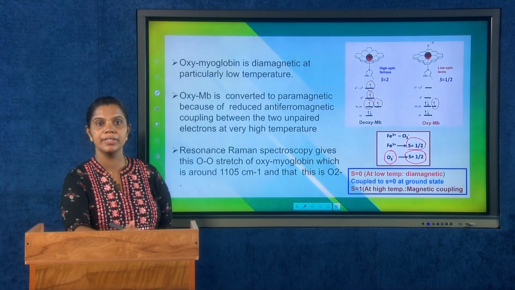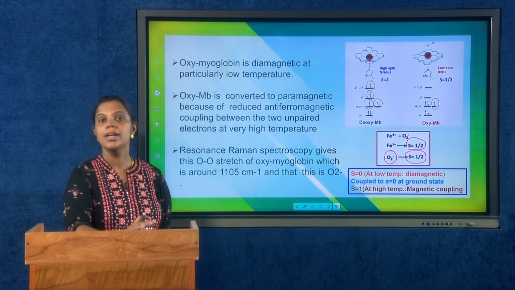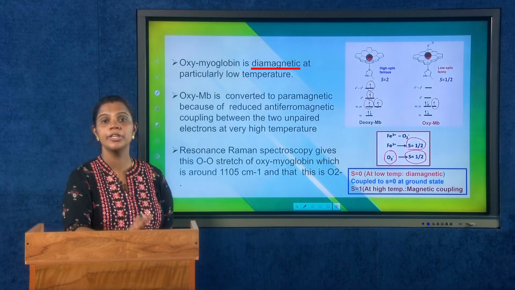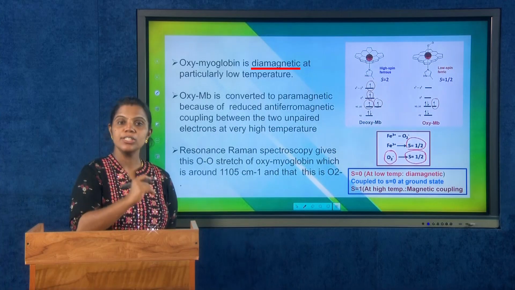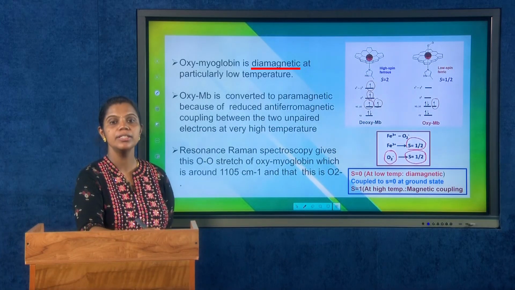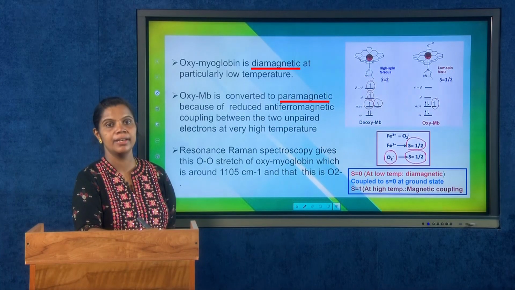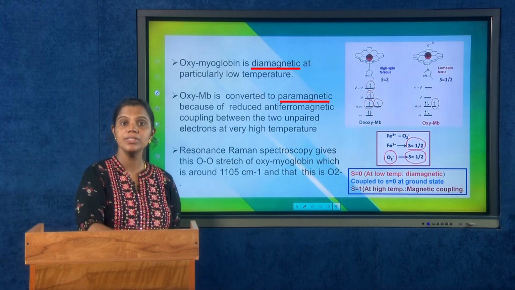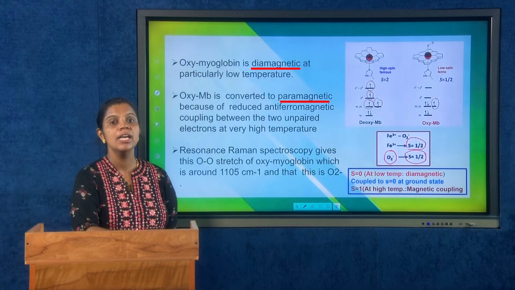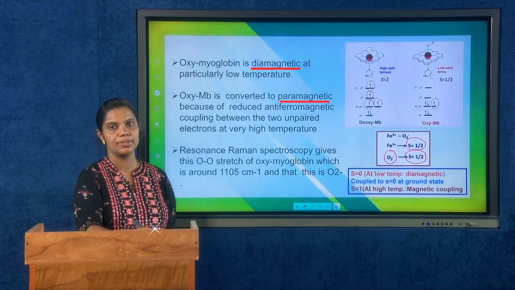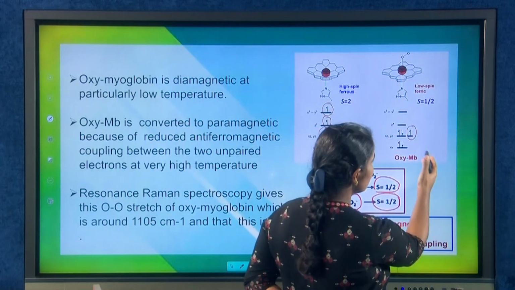However, at higher temperature, the magnetic coupling changes. At low temperature, oxymyoglobin is diamagnetic due to the strong antiferromagnetic coupling, but oxymyoglobin will get converted into paramagnetic because of the reduced antiferromagnetic coupling between the unpaired electrons at a very high temperature. And this is the oxymyoglobin.